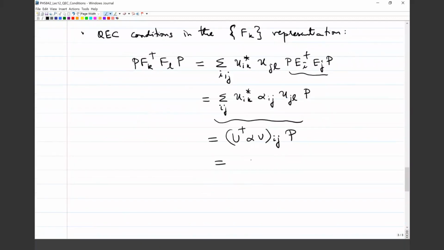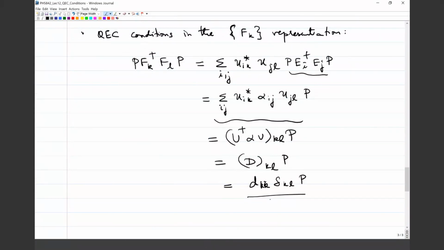But this is nothing but the diagonal operator D. Sorry, this is the klth element. I summed over i and j. So this is kl. So this is d_kk delta kl.